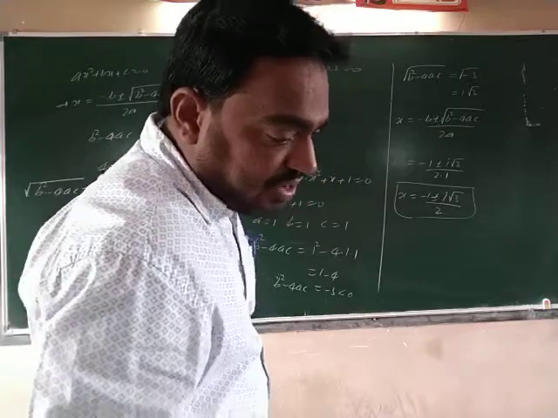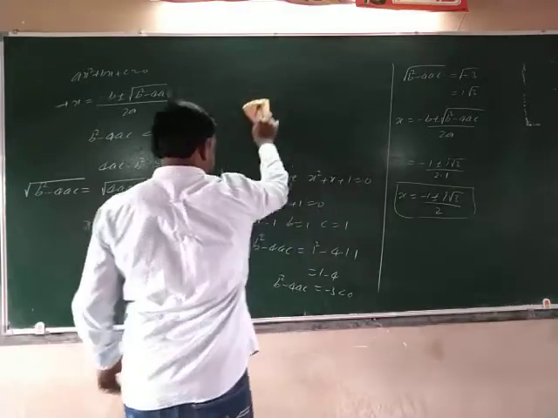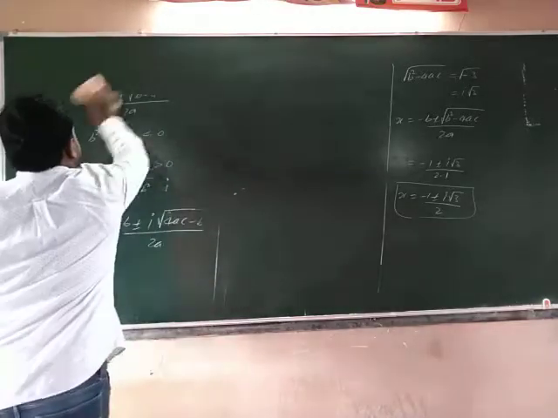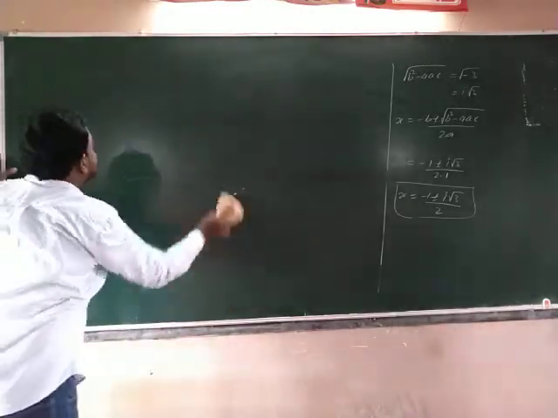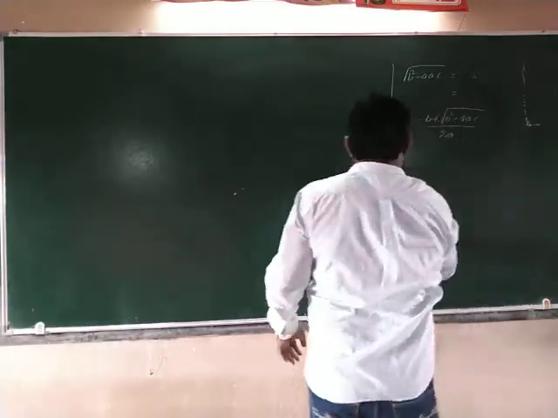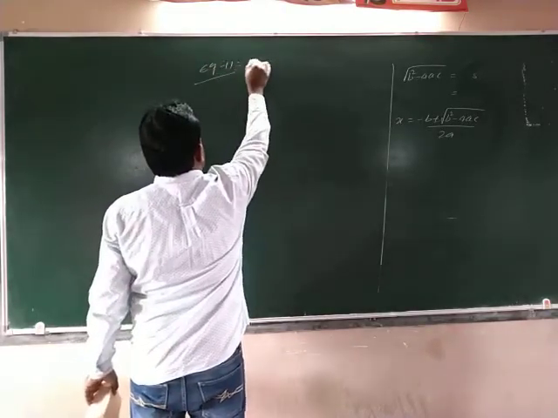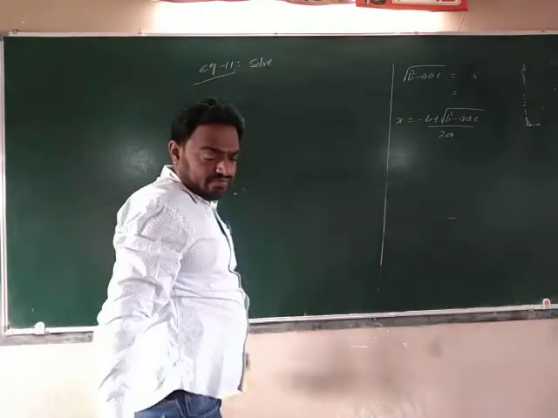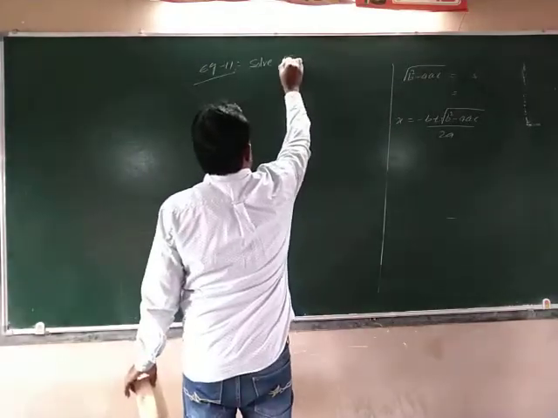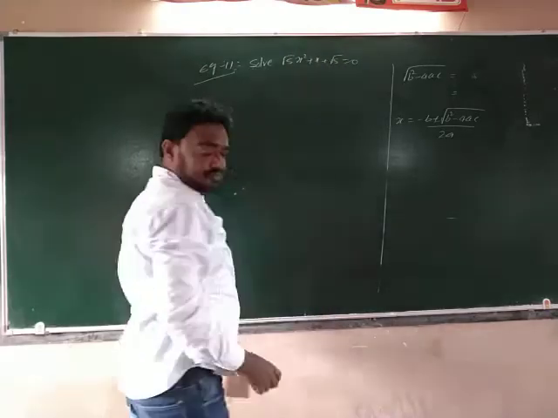Next, example 11: solve √5 x² + x + √5 = 0.